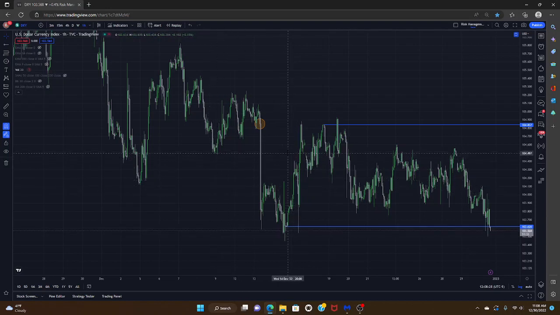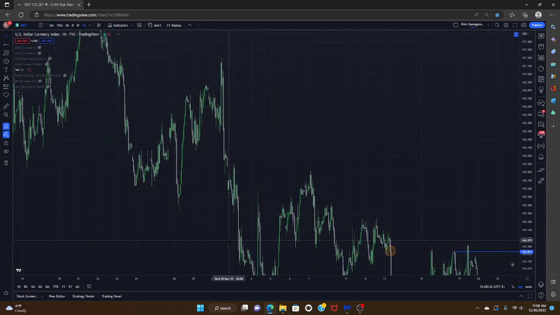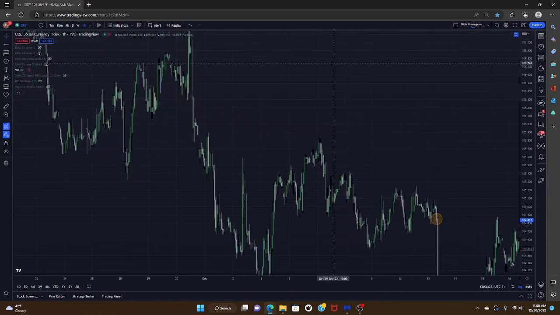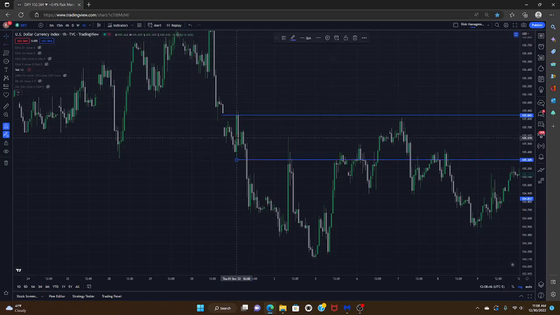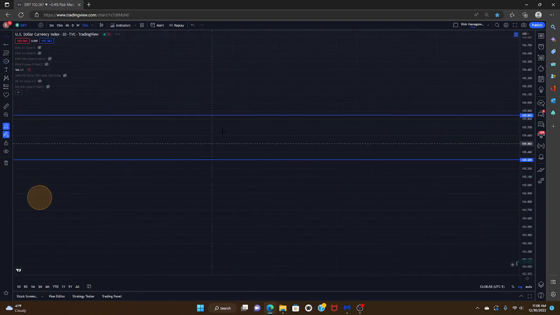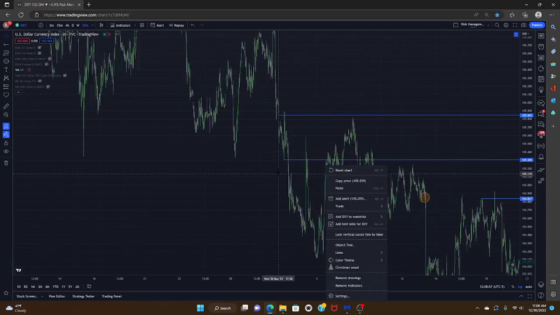It doesn't have to test it perfectly, and then you get a throwdown, test back up into the point of origin, and then you get a distribution pattern as it throws back down to this level. But the idea is generally the same, right? I mean, you have these consolidation periods, you have the base of the consolidation, and you generally have the break and the area where price starts to move impulsively, which on this one we actually need to go down to a 30-minute chart to see better.